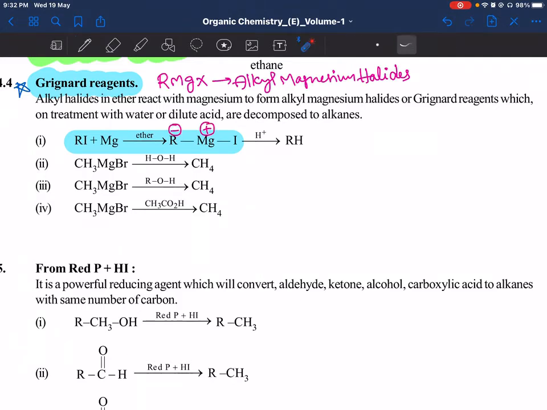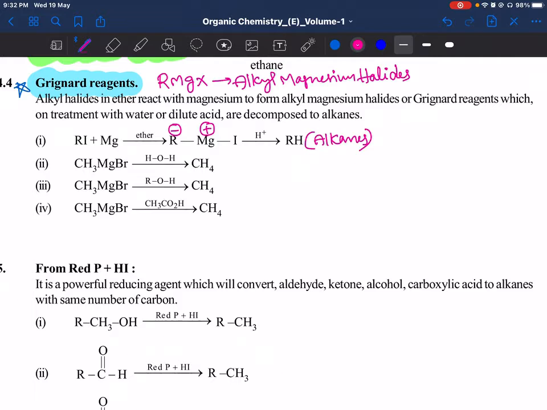This R minus and H plus combine together, and we get an alkane. Like that, any substance having polar hydrogen, H plus ion, can be used to prepare alkanes from Grignard reagent.